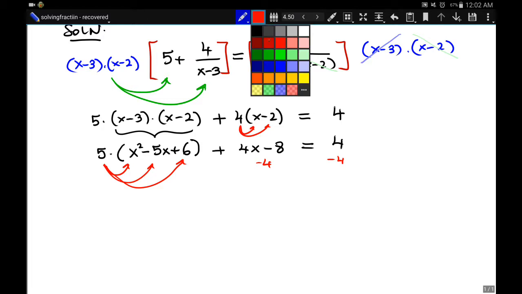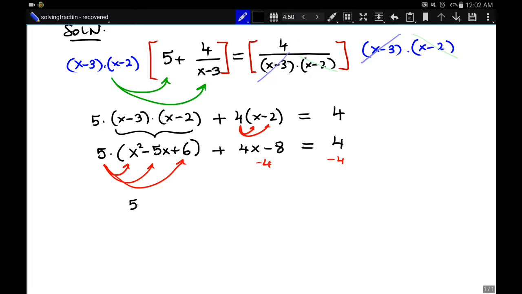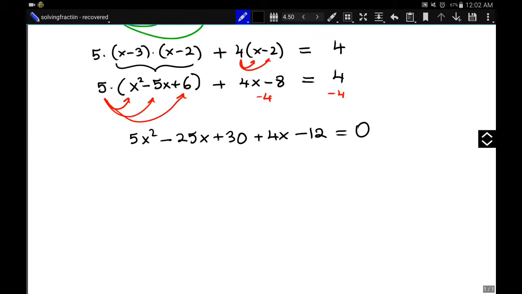Then the equation becomes 5x squared minus 25x plus 30, plus 4x, minus 12 equals 0. Let us simplify this a little further: 5x squared, negative 25x plus 4x is negative 21x, and 30 minus 12 is plus 18 equals 0.